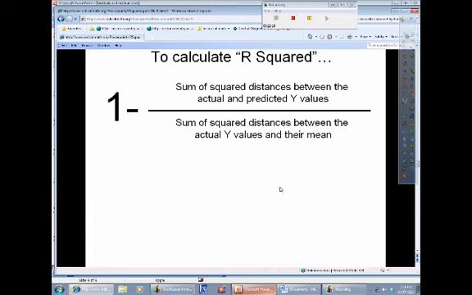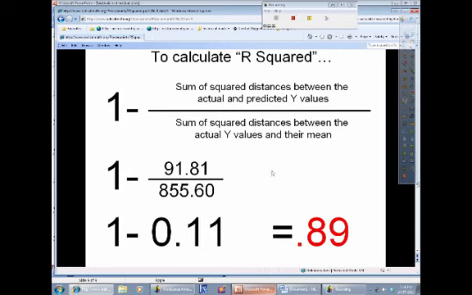And when we do that, we get 1 minus 91.81 over 855.6. So 1 minus 0.11, and it's 0.89.